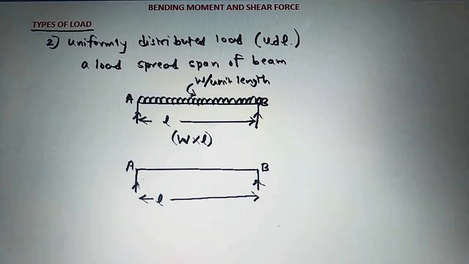So it will be L by 2 from end A, and it will be L by 2 from end B, and this is the position of this point load. So this is the procedure to convert the uniformly distributed load into a concentrated or point load. So this is all about the uniformly distributed load.